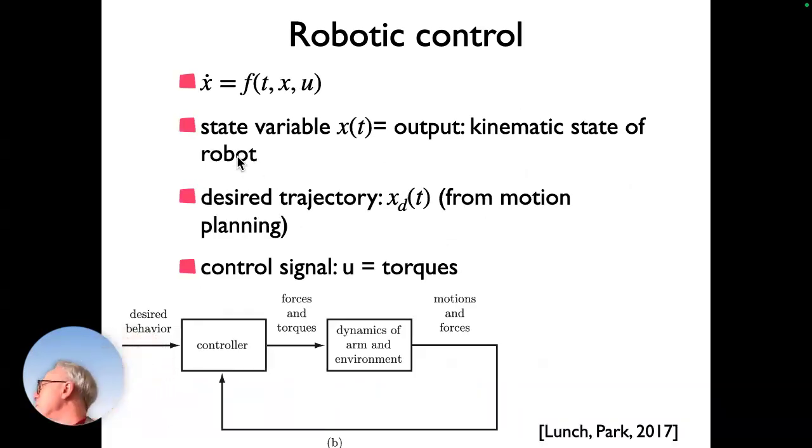Okay, so to make this more concrete, what you have as input is the desired behavior. The desired behavior is usually a trajectory of the robot. In the simplest case, it would be a trajectory of all the degrees of freedom of the robot, all the joint angles that you want to have. That is a given, right? It comes from your planning. You know what movement you want to make from kinematics.